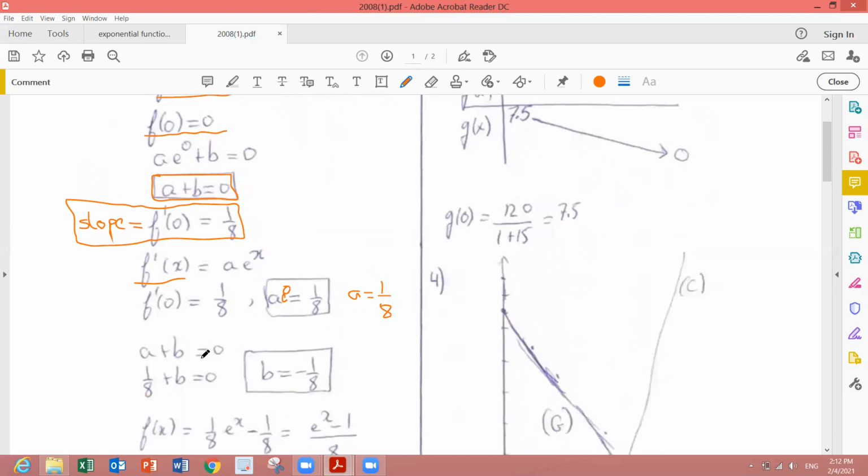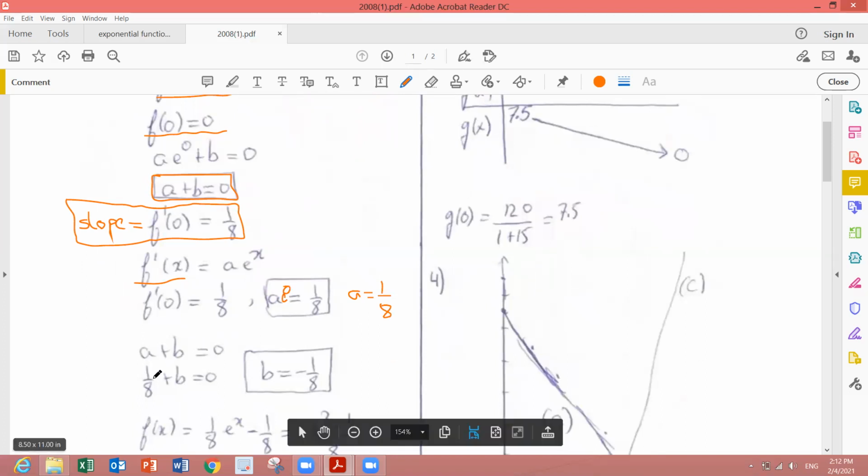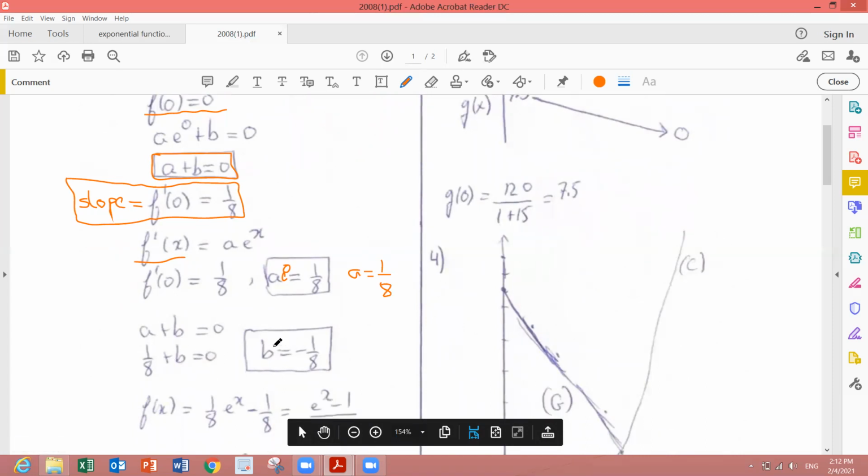Now to find b, a plus b equal to 0. A is 1 over 8 plus b equal to 0, and b equal minus 1 over 8.